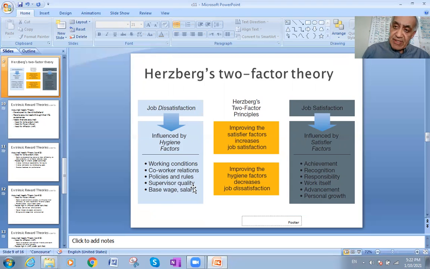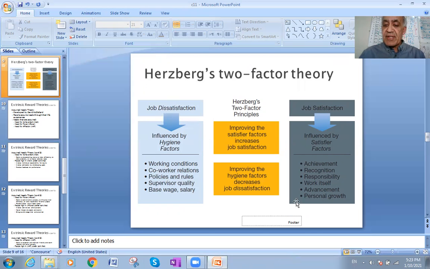And the opposite, if he was not. Wages, salaries, all this, of course, if the wages are not good, there will be job dissatisfaction. That's true. So those are what we call the hygiene factors.